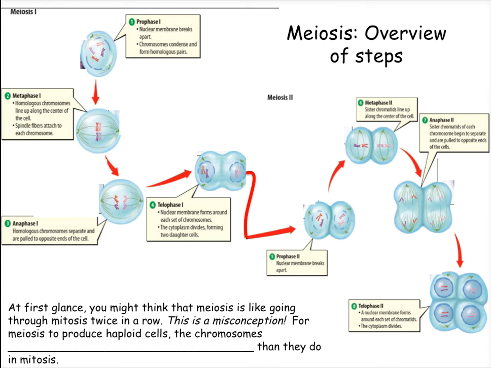For meiosis to produce haploid cells, what we're going to see is that the chromosomes actually have to line up and separate differently than they do in mitosis. So you might not be able to see these differences right away, but we're going to point out a couple spots where some differences occur.